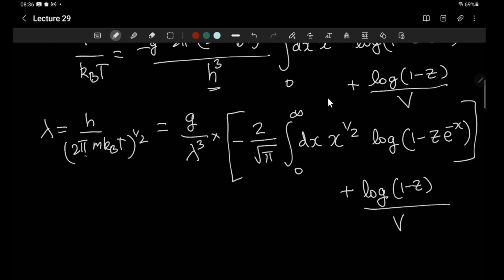This square bracket is some integral, which is only a function of z.